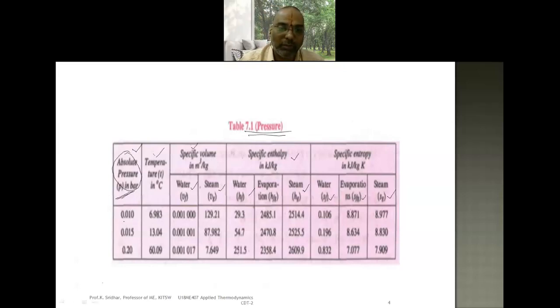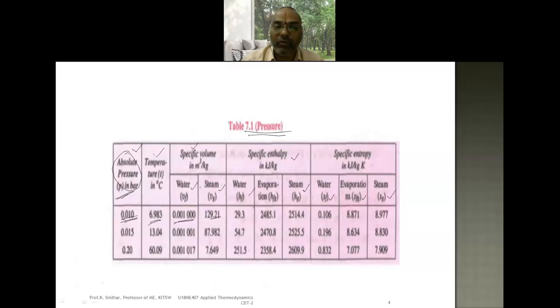Now let us see one example. If the steam is available at 0.01 bar, the corresponding saturation temperature is 6.983 degrees centigrade. Then Vf, the specific volume of the water, is so and so meter cube per kg, and likewise Vg, hf, hfg, hg, sf, sfg, sg.